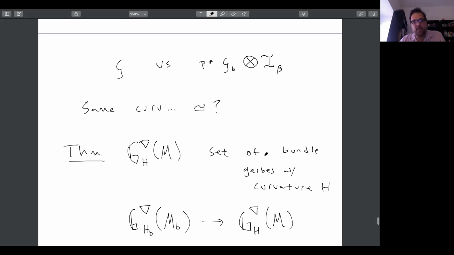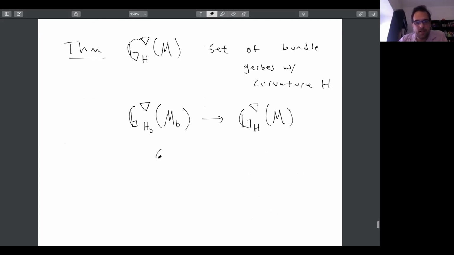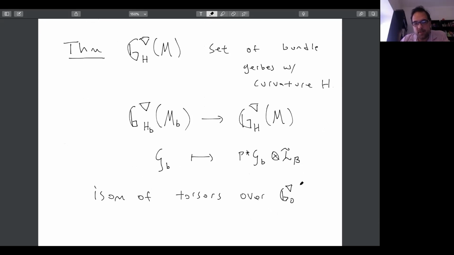And it's just given by this expression. You take GB to the pullback by P, tensor this correction, and this is an isomorphism of torsors over the flat bundle gerbes, which are the same on M and MB.